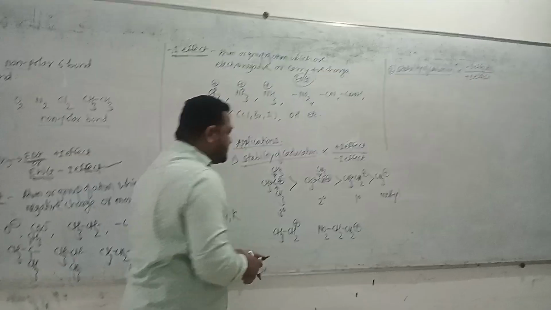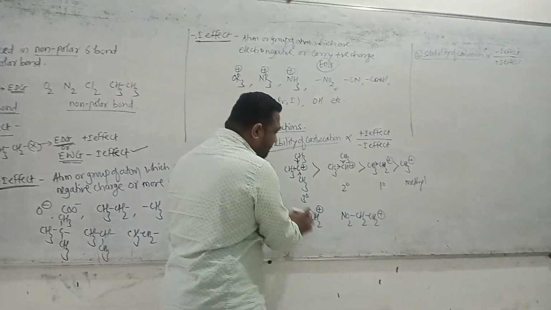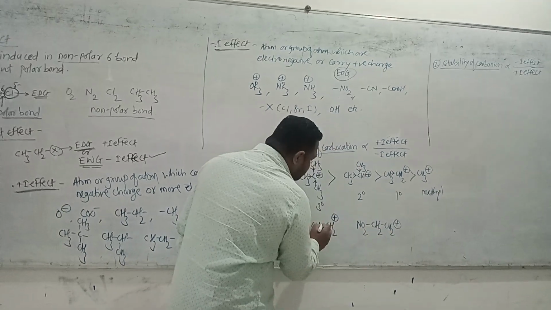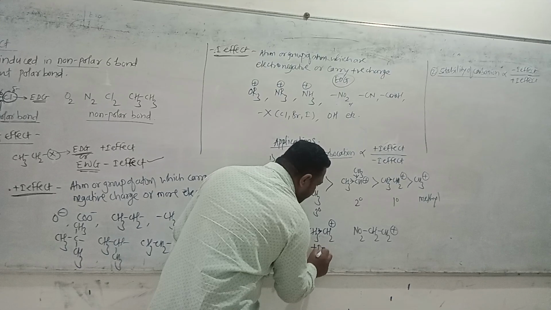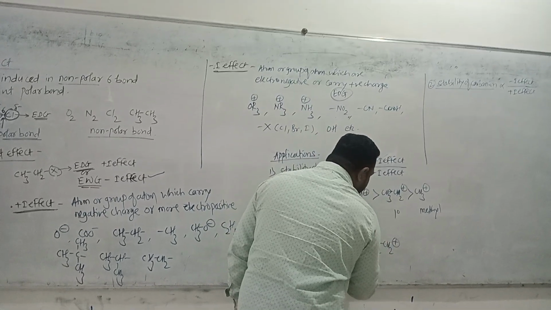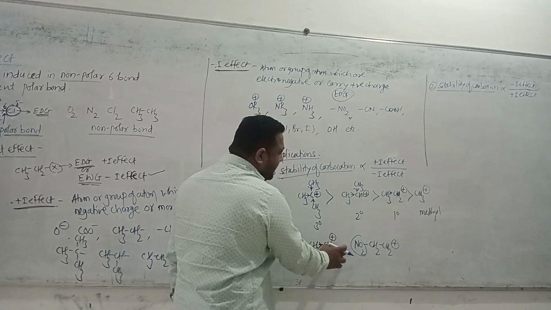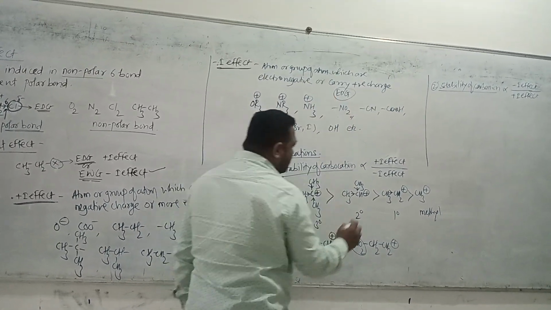In these two cases, which carbanion is more stable? Both are primary carbanions. This alkyl group is electron donating in nature, it shows plus effect. In the other case, a nitro group is attached. This nitro group shows which effect? Minus effect.